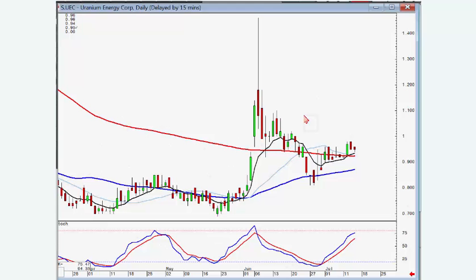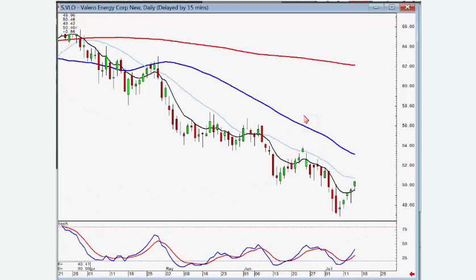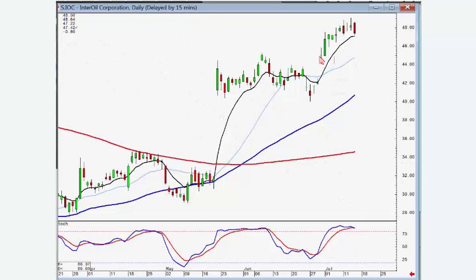Wouldn't be long or short. Valero, you can start thinking about buying this one. Obviously, you've got this downtrending channel that you've got to contend with. And then IOC is the one that we recommended a while back because it's got that best friend or the gap up 45 degree.